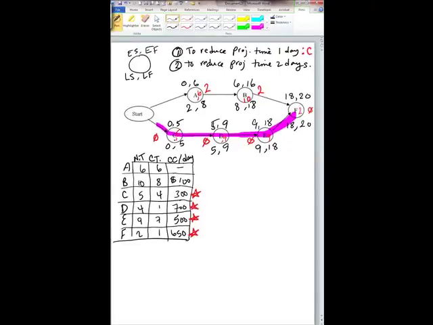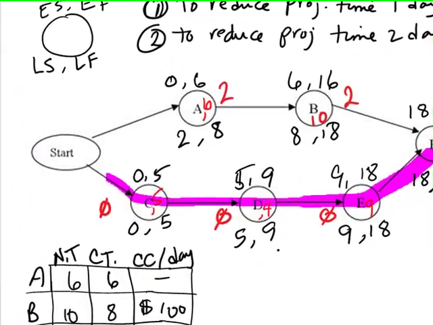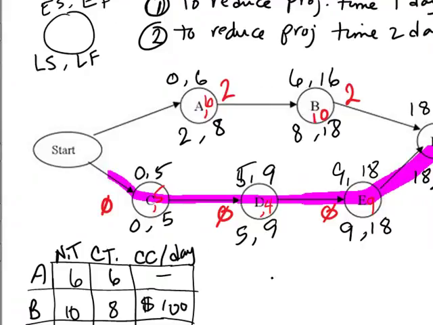Well, when we crash activity C, then we know this critical path right here, instead of it being 20 days, it becomes 19 days. But the top path will not change. It will still remain the same. So the critical path will become, instead of 20 days, 19 days.